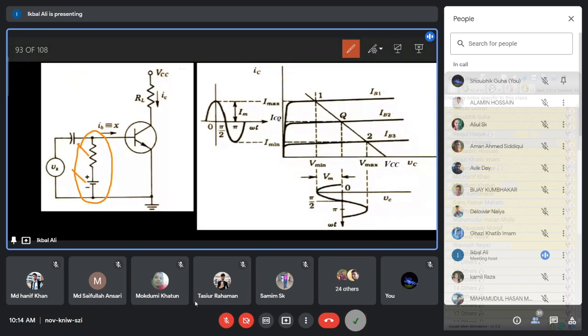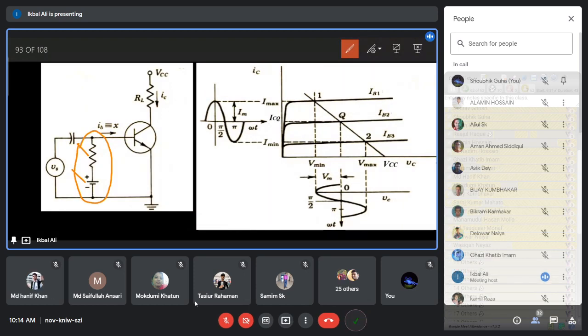So you got this VT and RT from the application of Thevenin's theorem to the R1, R2 portion of the circuit in the case of self-bias. You can directly draw the R1, R2 connected to the VCC, or you can draw the Thevenin equivalent, which is drawn here, the VT and RT version.